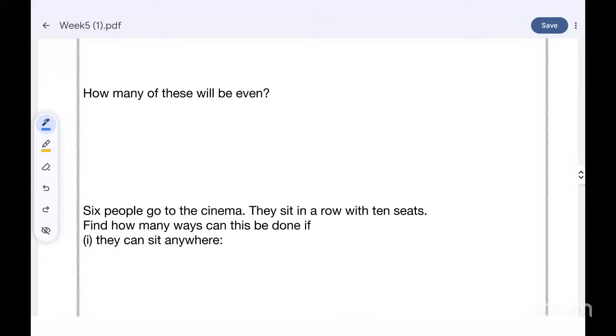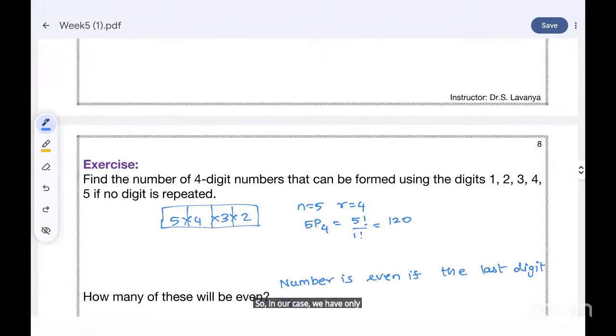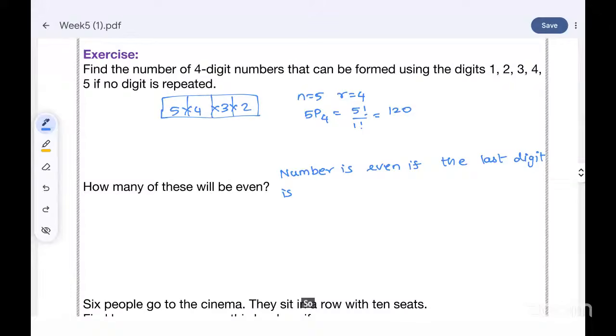A number is even if the last digit is, in our case, since we have only 1, 2, 3, 4, 5, either 2 or 4. Right?